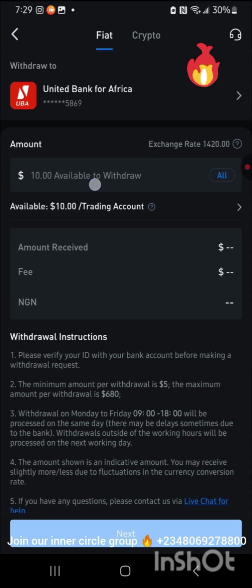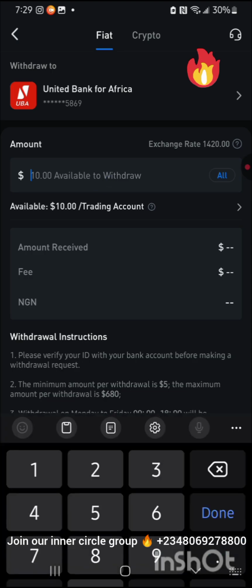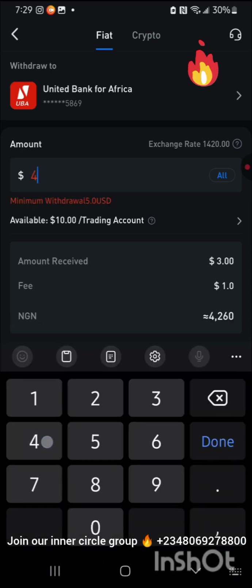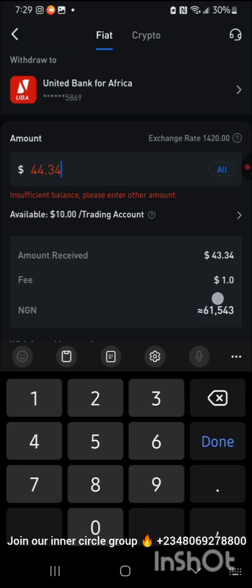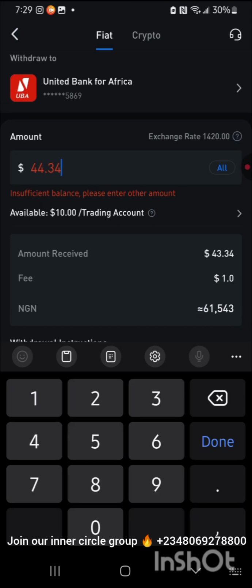So imagine we come on here and sell that 44.34 for that price. We should get about 61,543. Look at this, $1 will be deducted as fee, though.